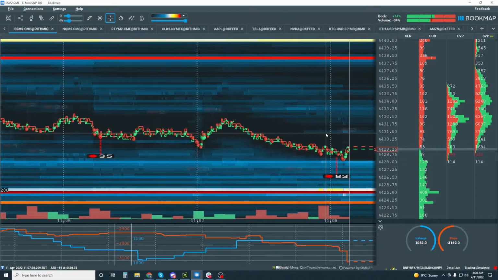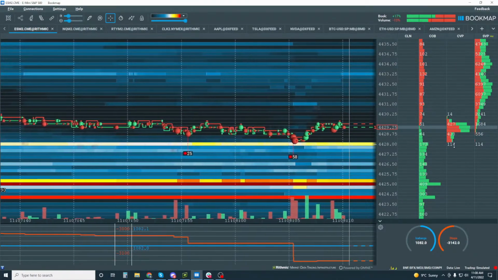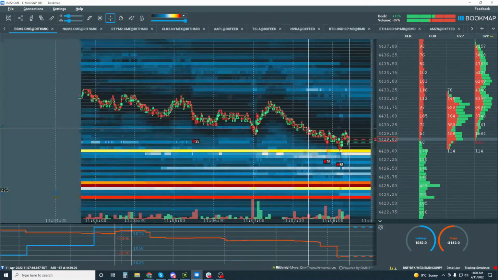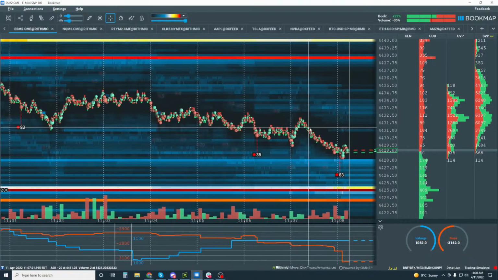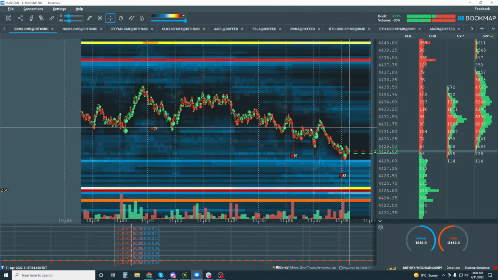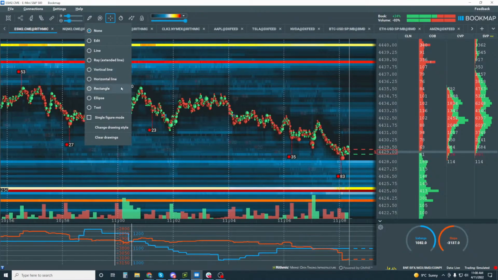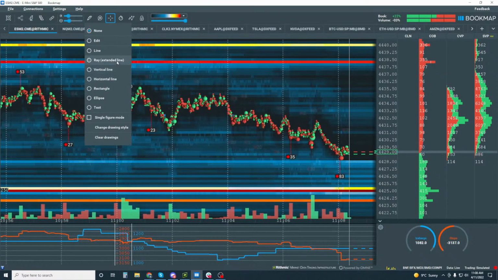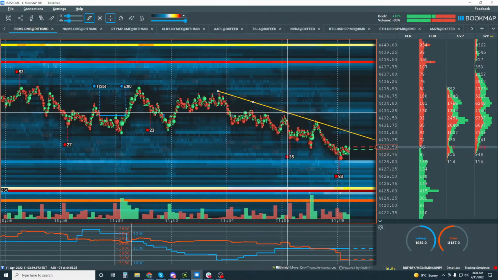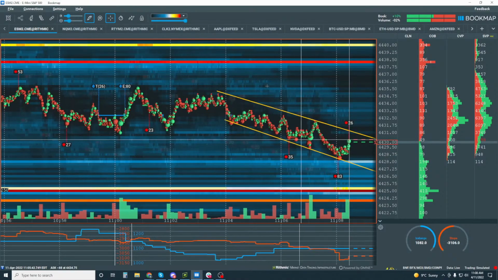There's 28. A little bit traded at 28. Still looking for more. I want to see it blast through 28. And it doesn't look like it wants to. Okay, so we might get a retest back up.